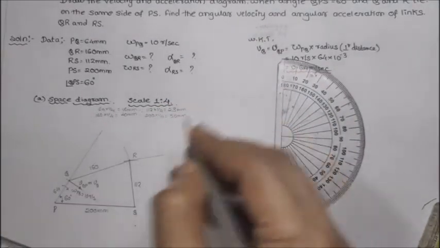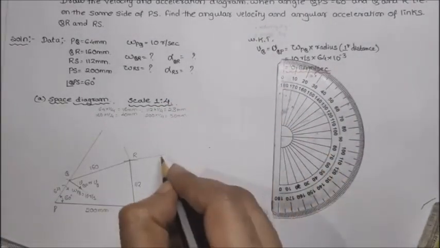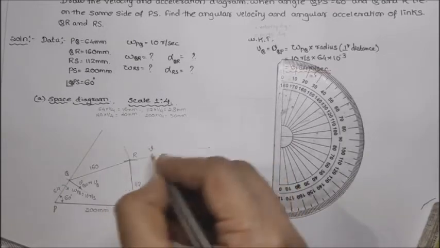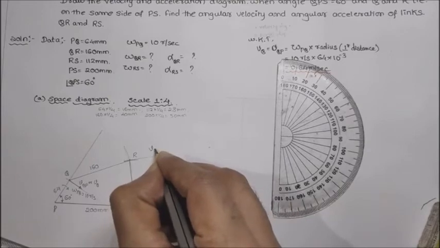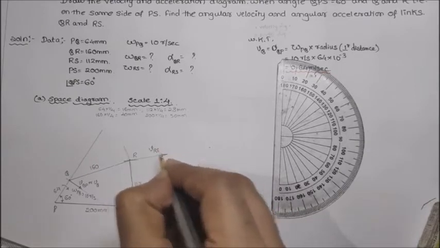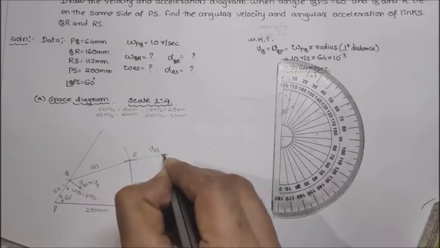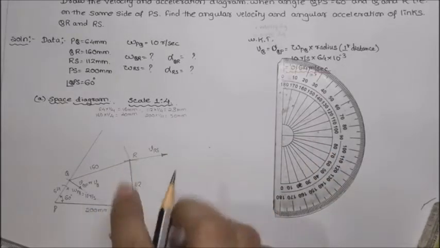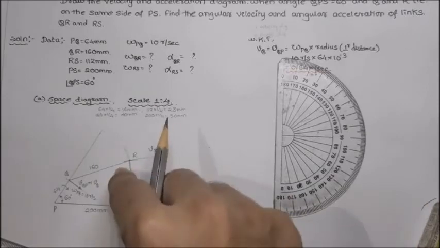So this is the velocity direction of R with respect to S. This is only direction, we don't know its magnitude. When S is fixed and R is rotating.